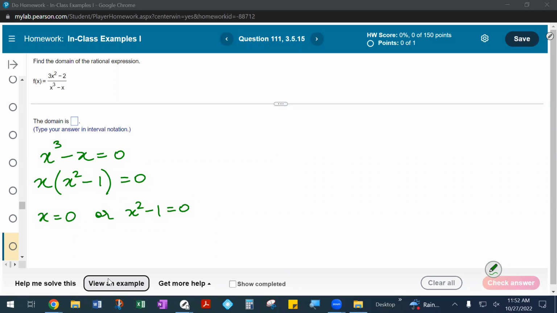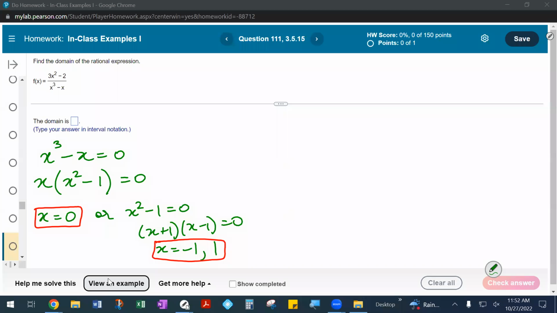Yeah, very nice. So again, you can use the square root property, or you can use factoring. You will get x equals -1 and +1, and then of course x equals 0 from here. So this means there are three numbers that you cannot use, because all three of these numbers make our denominator 0.